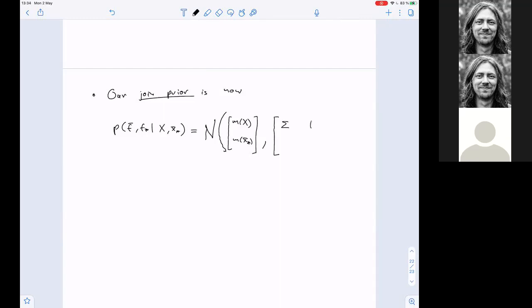Then we'll have a vector, which is the covariance function taking as input this X matrix and this single test point. And down here is just the reversed order of arguments. And then down here is a scalar, which is just the covariance function at the test point with itself, so just the variance, your prior variance at the test point.